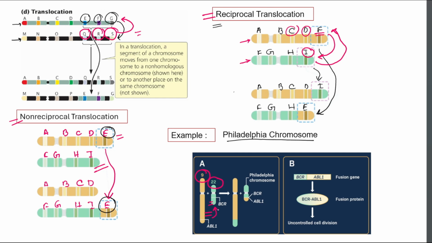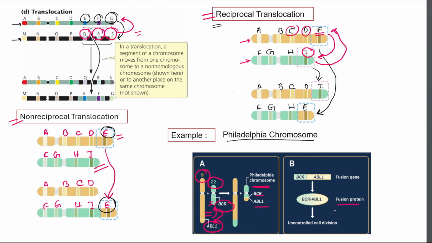Simultaneously, a piece from chromosome 22 moves to chromosome 9, creating a reciprocal translocation. This exchange fuses the BCR gene on chromosome 22 with the ABL gene on chromosome 9, forming the BCR-ABL gene. This chromosome is called the Philadelphia chromosome, and this BCR-ABL fusion protein is an oncogenic protein.